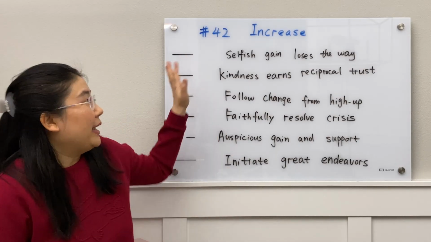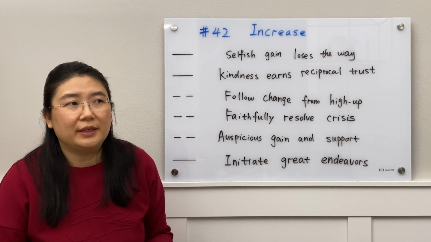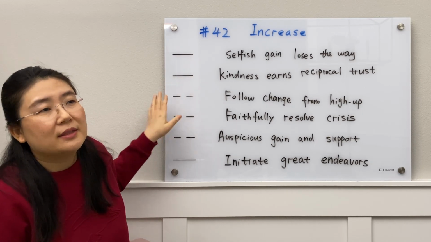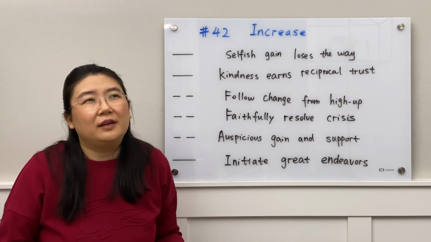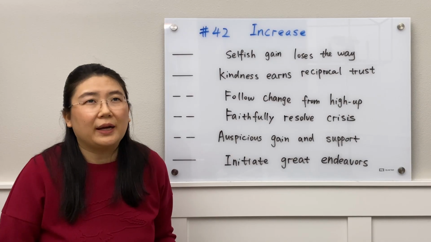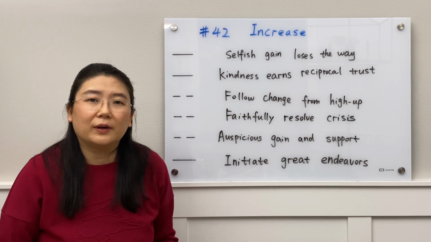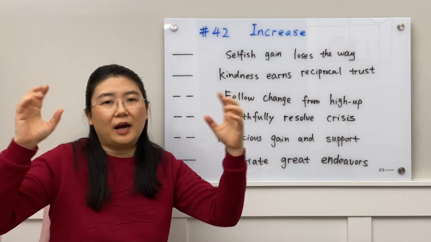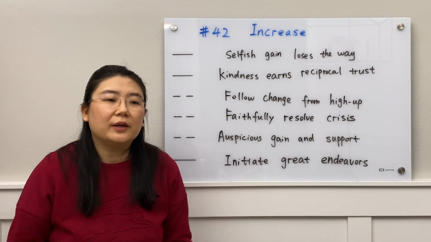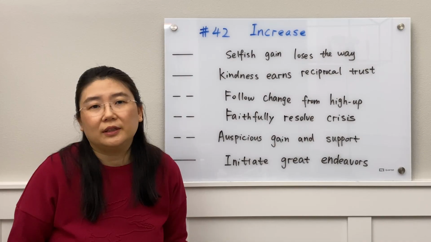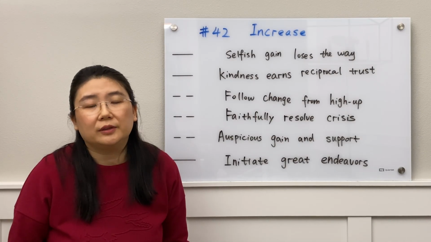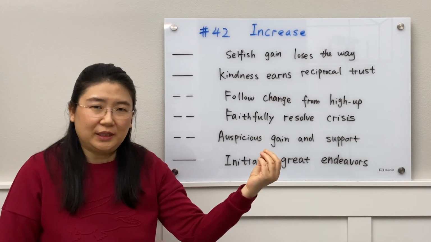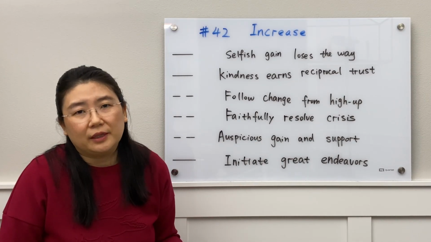And another layer of this increase hexagram is about decreasing the top so that you can support the bottom, such as from a government entity perspective, an example could be lowering tax burden so that you're decreasing your higher ups' revenue, but you're increasing the benefit and livelihood of the people living in the country, right, for their welfare. So that's just an example of what you're supposed to decrease versus what you're supposed to increase.